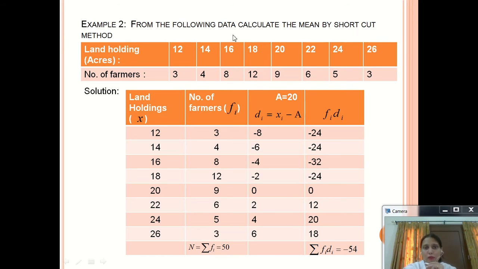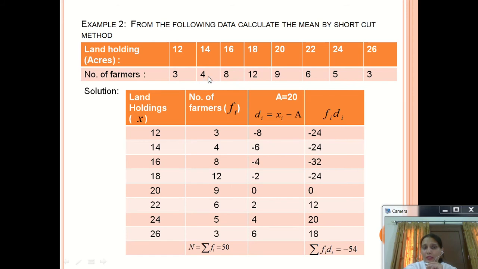We have to calculate the mean. Now use shortcut method. This is the land holding in acres and this is the number of farmers. Number of farmers means frequency. How many farmers have 12 acre land? They are 3.